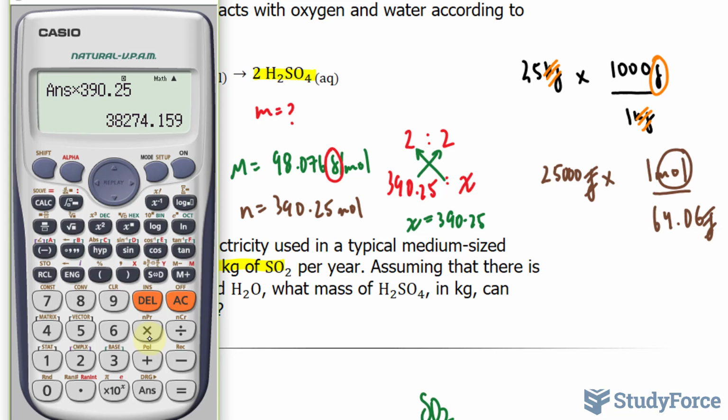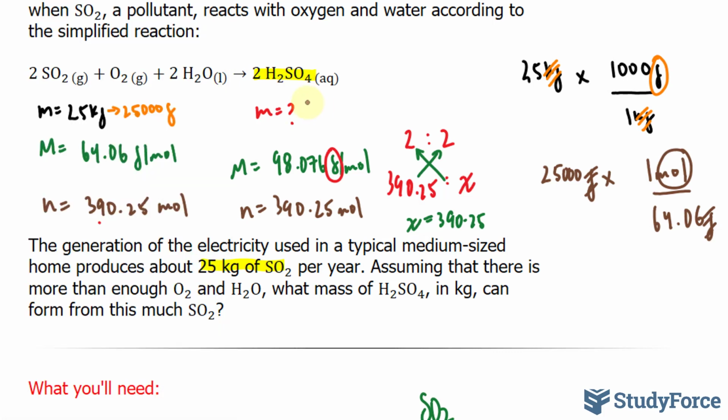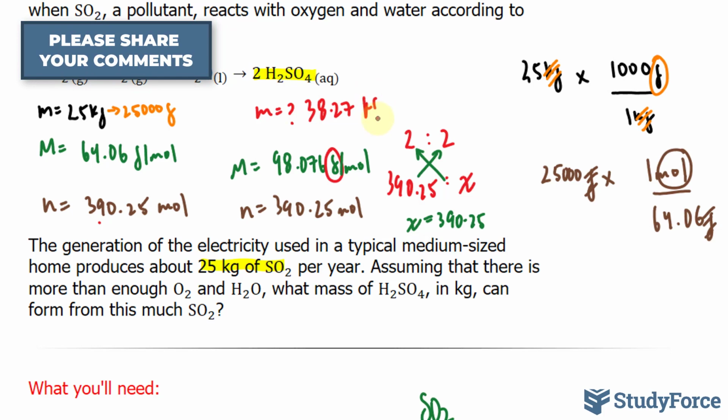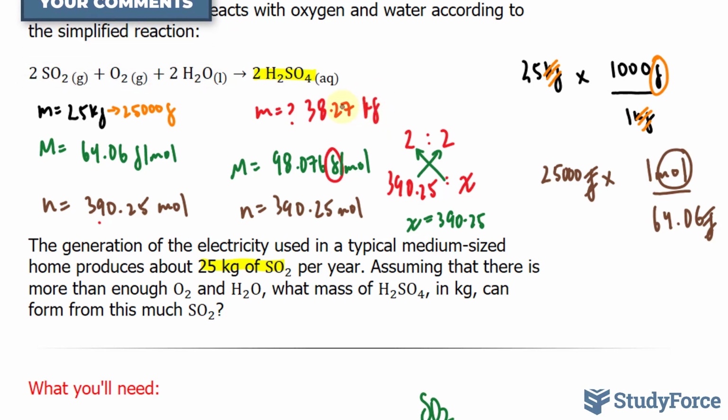I'll divide this number now by 1,000 because I want to go from grams into kilograms. And this gives me 38.27 kilograms of H2SO4 from an original amount of 25 kilograms of SO2.